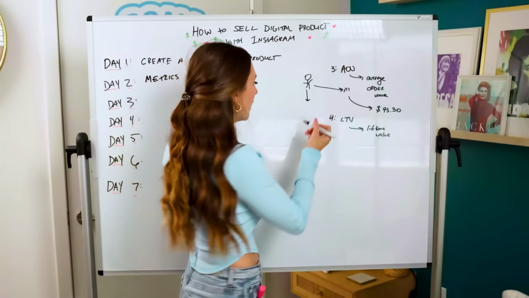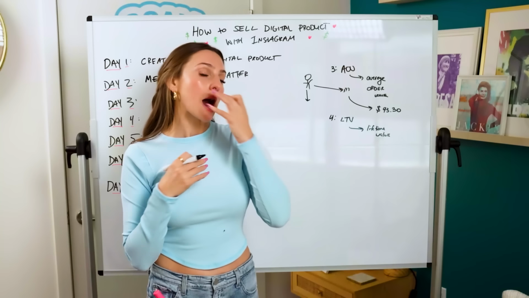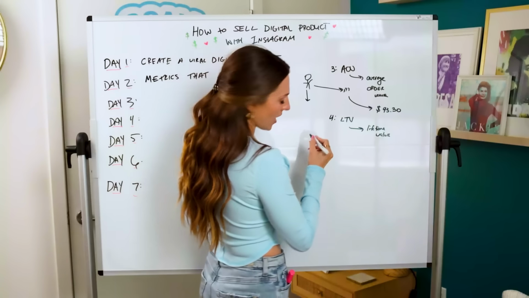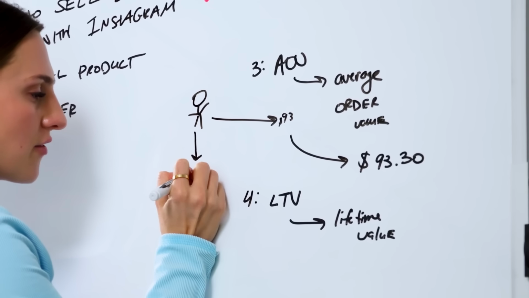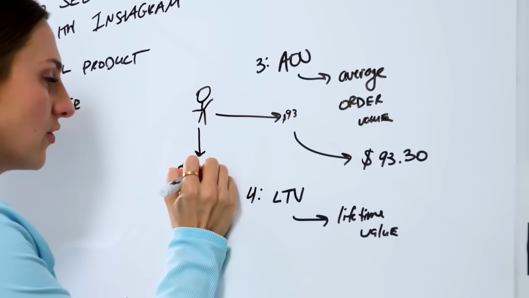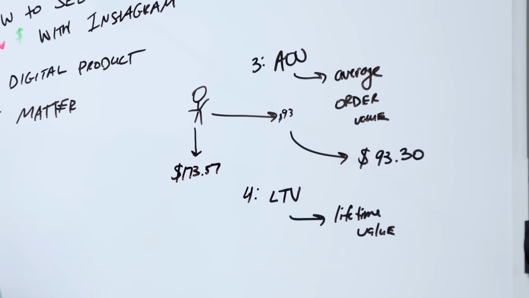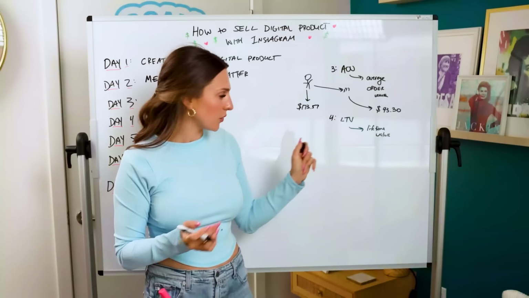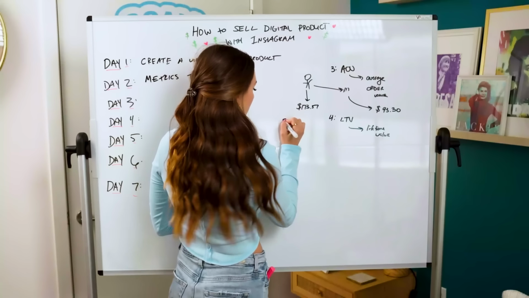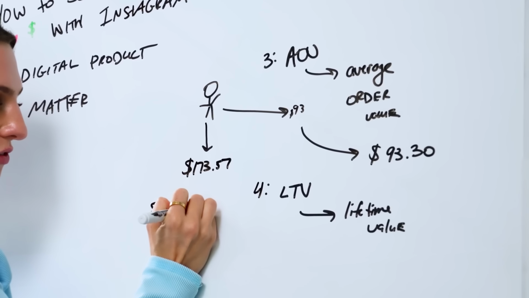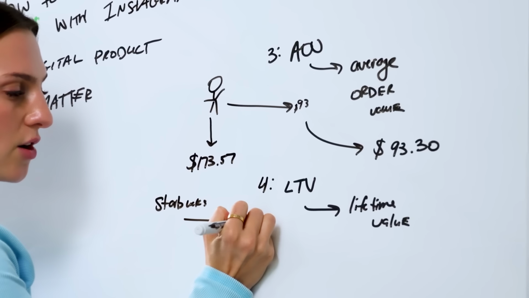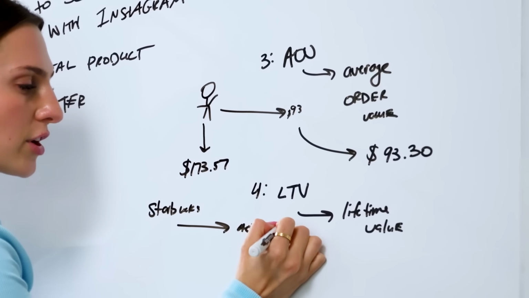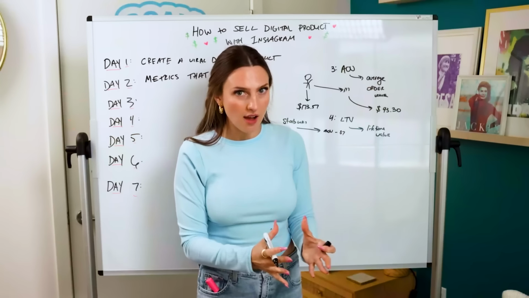That's your lifetime value. I'm a relatively new business, so we expect this to go up over time. My lifetime value is $173.57. Now, that's low. That's a low LTV. Let me tell you a crazy one: Starbucks. They've obviously been doing it for a while. Starbucks' AOV is, I think, around $7 on average across all the orders.